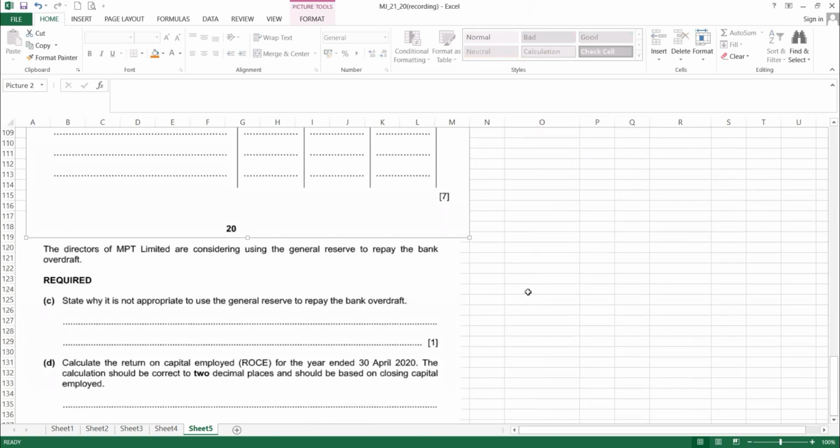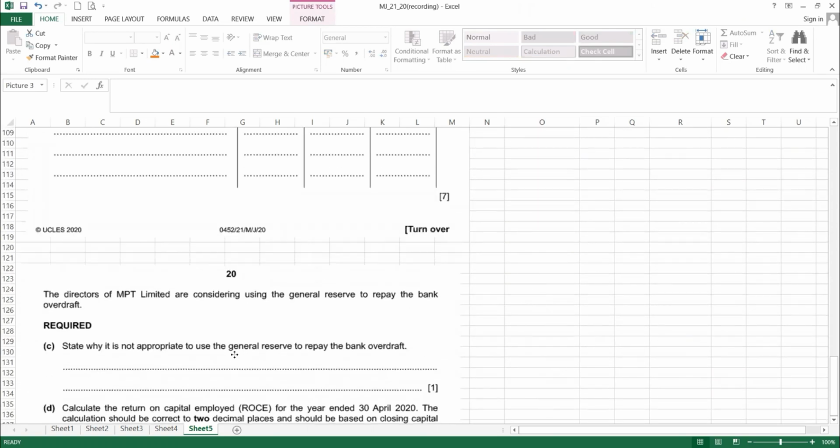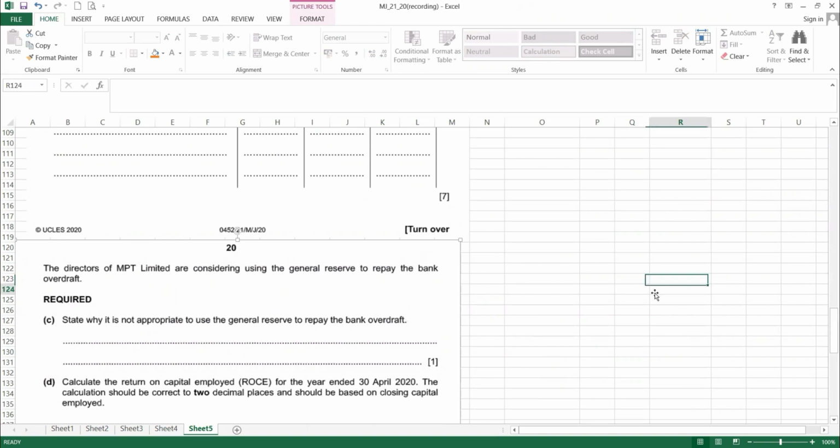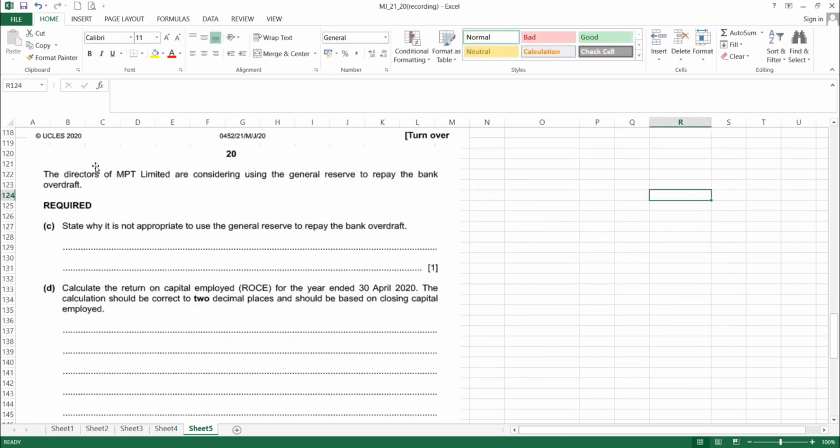Okay, now let's continue to the next one. The directors of MPT Limited are considering using general reserve to repay the bank overdraft. State why it is not appropriate to use the general reserve to repay the bank overdraft.